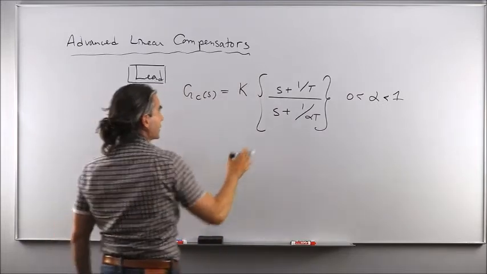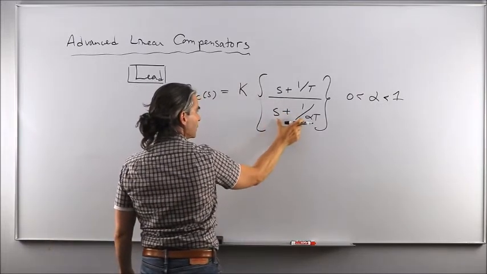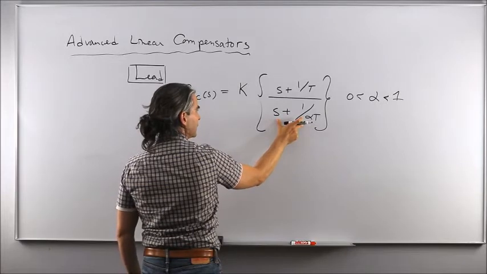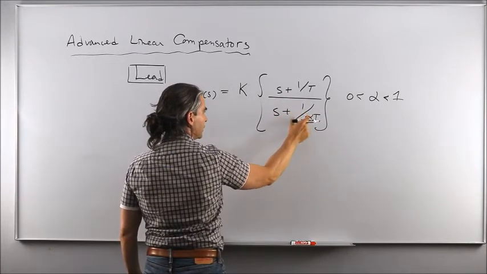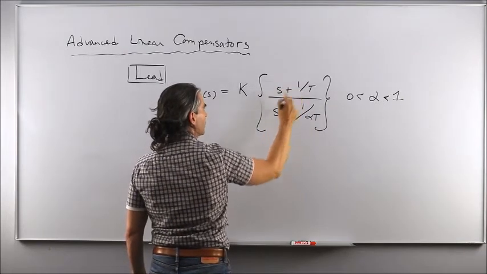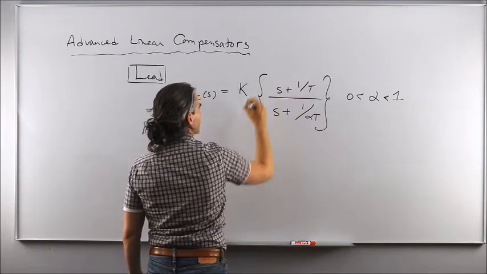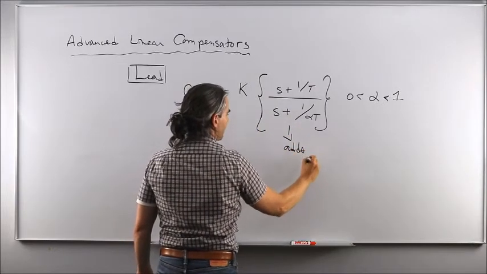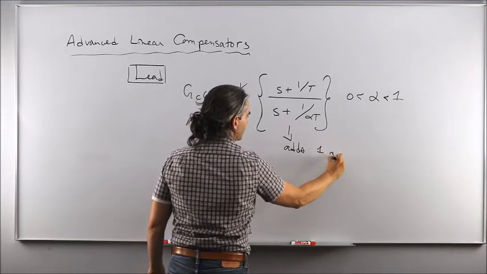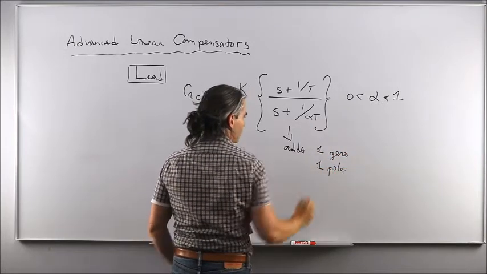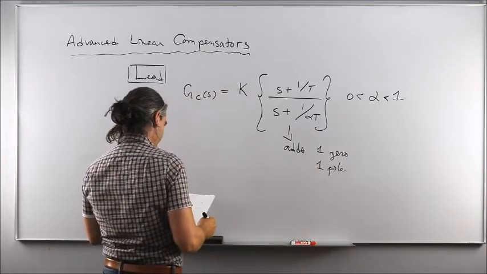So what it does is it adds one pole located at S equal minus 1 over alpha T, and it adds 1 0 located at S equal minus 1 over T. I'm going to say this compensator adds 1 0 and one pole to the complex plane.